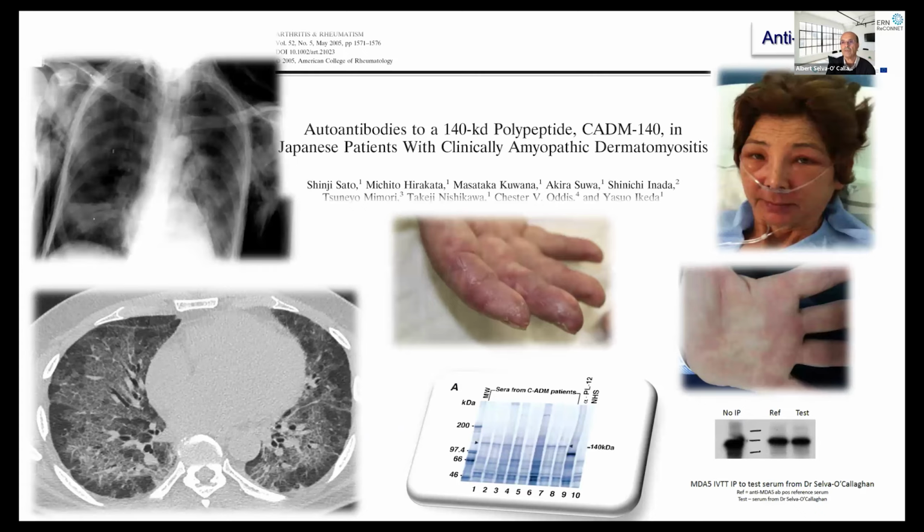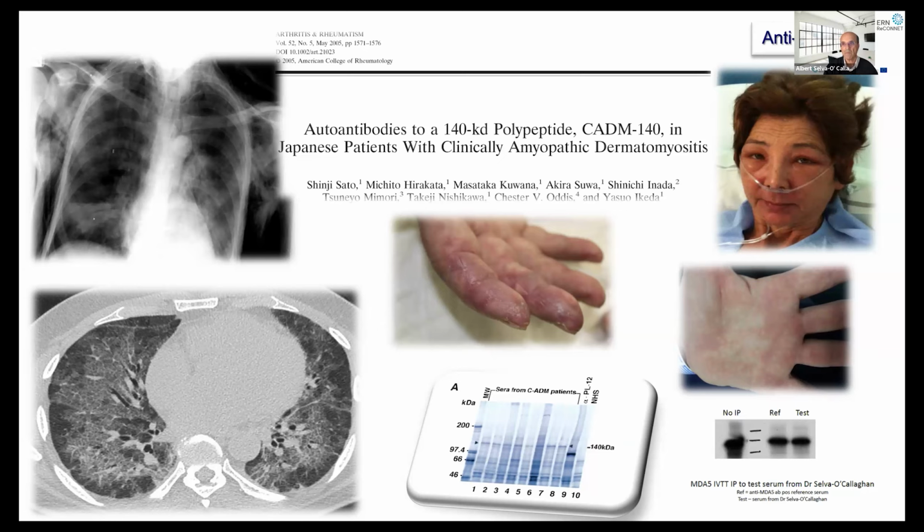Anti-MDA5 phenotype. This antibody was first described by Professor Sato from Japan, and it's a protein of 140 kilodaltons, and has been related with very specific clinical manifestations.